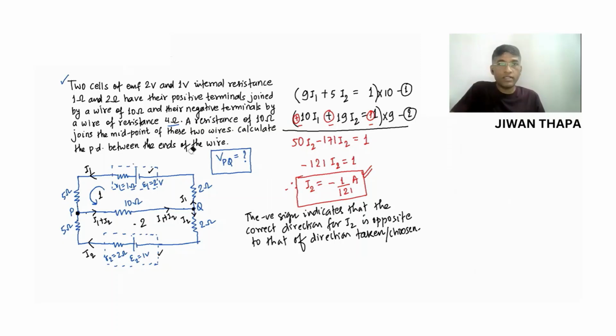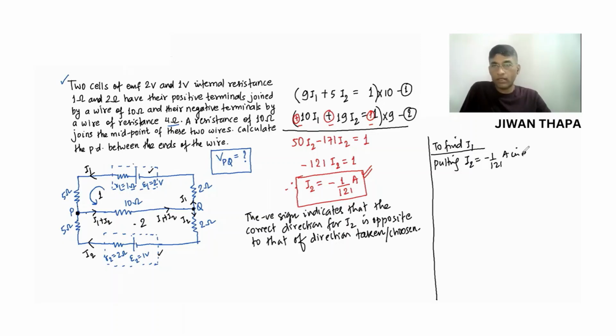Now we want to find I1. To find I1, putting I2 equals minus 1 by 121 ampere in equation 1. So equation 1 was this: 9 times I1 plus 5 I2 equals 1. I'm erasing this so that you don't get confused.